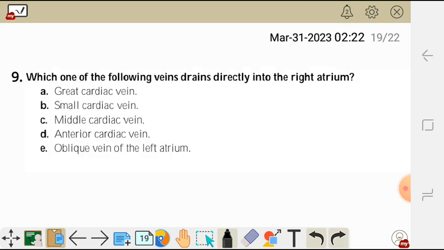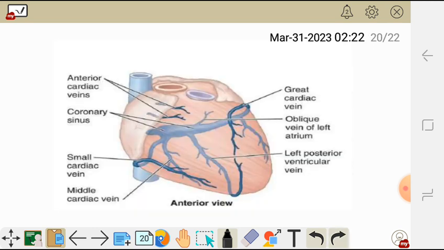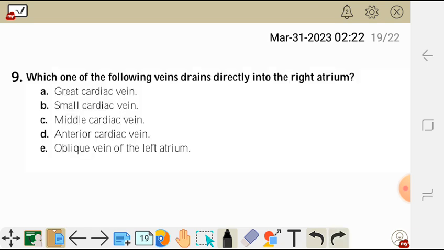The middle cardiac vein also drains into the coronary sinus, but the veins which drain directly into the right atrium are the anterior cardiac veins. So the correct answer is the anterior cardiac vein, which is D.